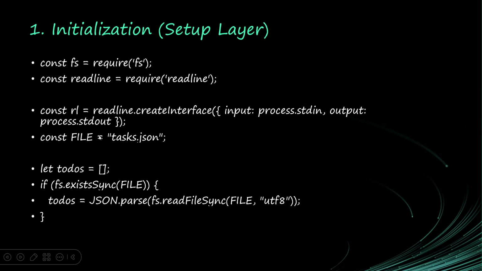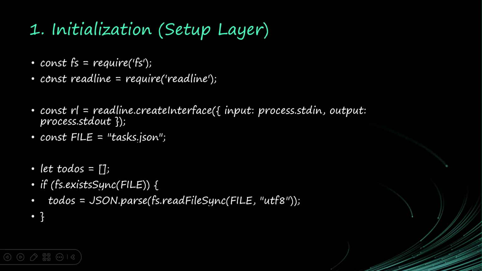Here, you created a constant, and then this is the name of the JSON file. So we are here saying that if the file exists, we want to read the file, get the data, pass it to the JSON.parse method, and save it in the to-dos. Somehow we have a different implementation in our code, but they are mostly the same thing.